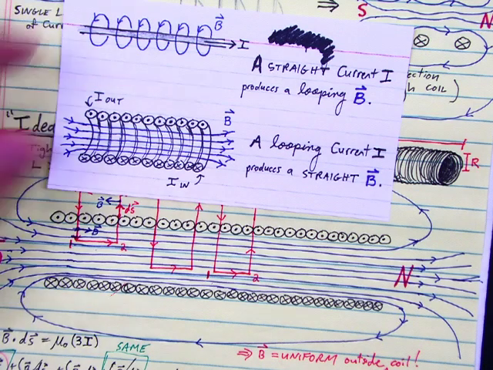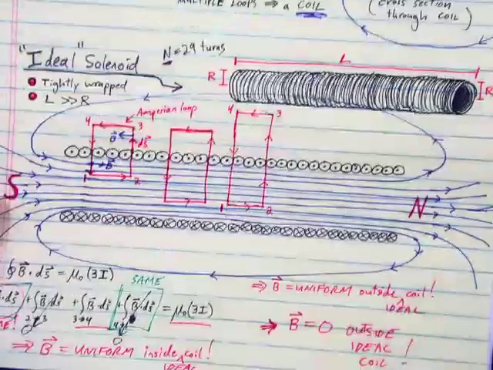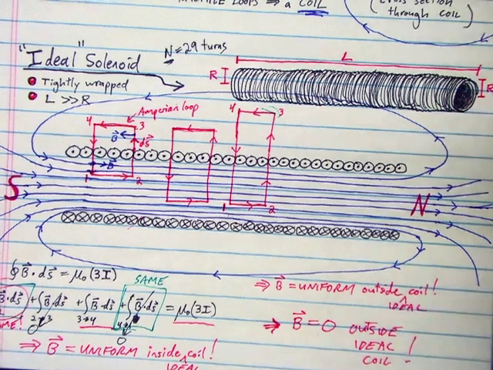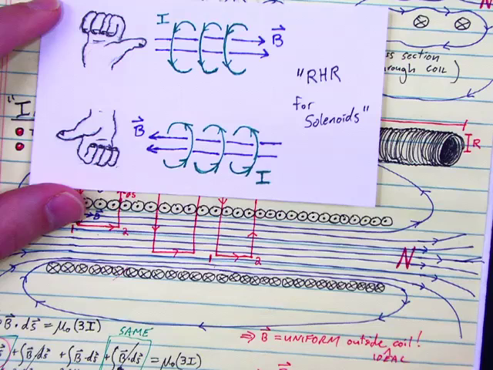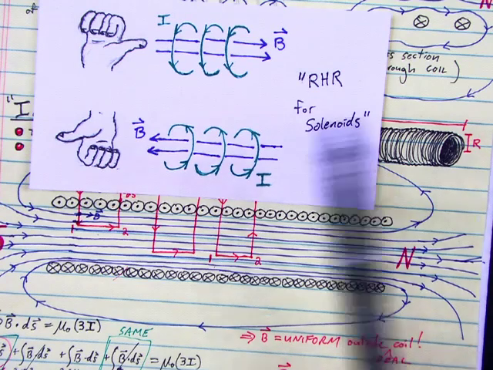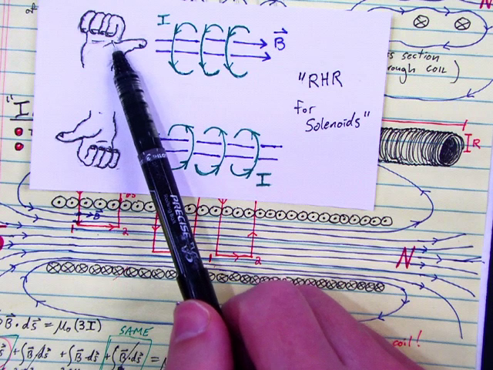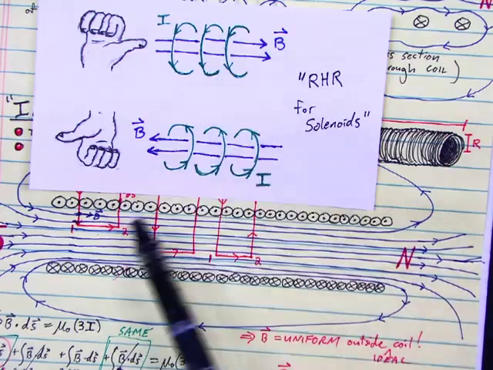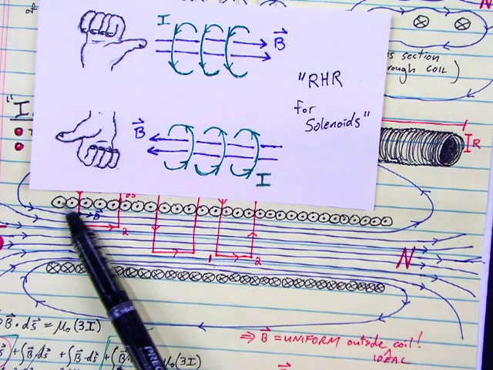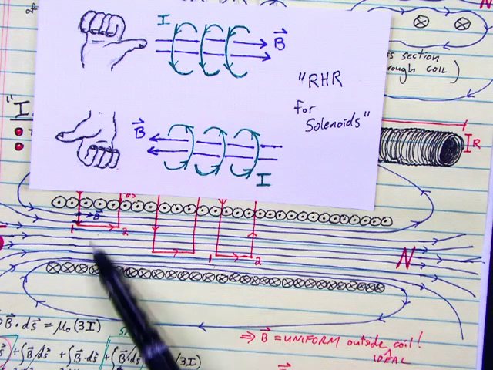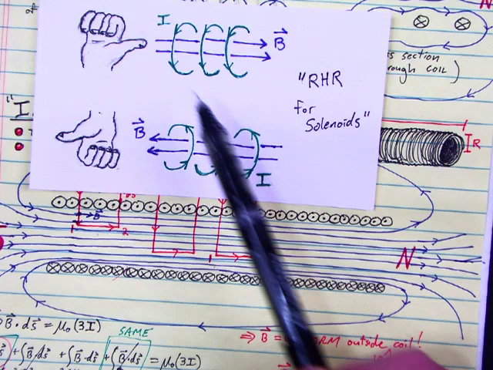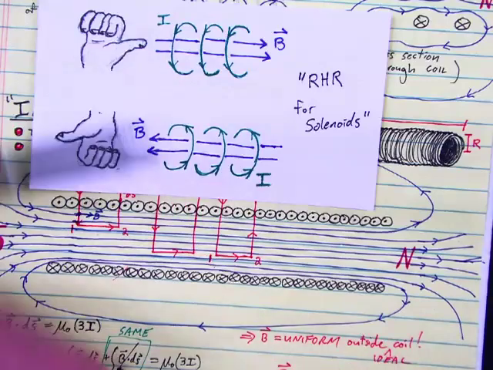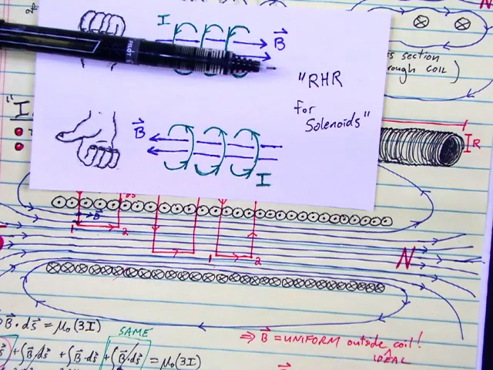And one last note for this video. We have yet another application of right-hand rule for solenoids. If you take your right hand, and allow your fingertips to curl in the direction of the current that's spiraling through our solenoid, like here, current's coming out and in, out and in, out and in, then your thumb will point in the direction of the B field that that solenoid is creating.